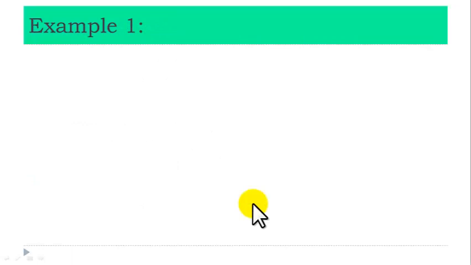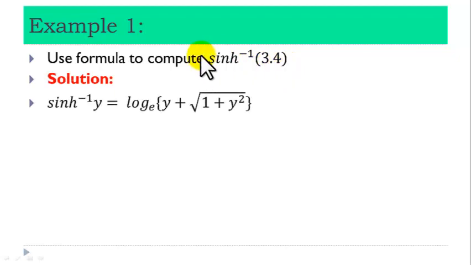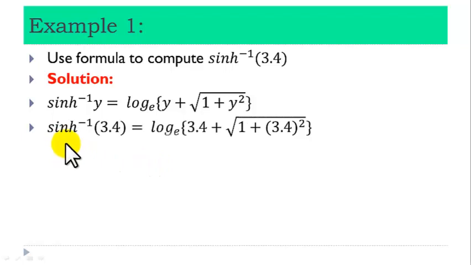Example 1. Use the formula to compute arcsinh 3.4. Solution. We recall that arcsinh y is equal to the natural log of y plus the square root of 1 plus y squared. Putting y equals 3.4, we have arcsinh 3.4 is equal to the natural log of 3.4 plus the square root of 1 plus 3.4 squared.